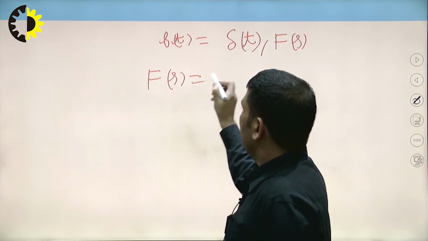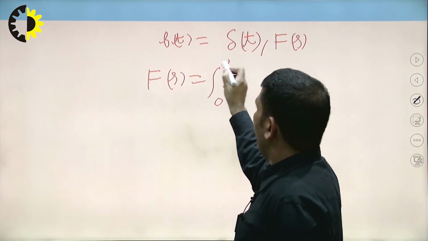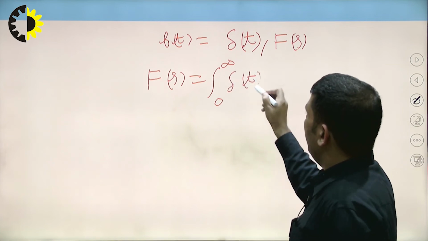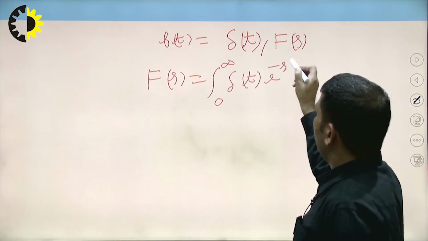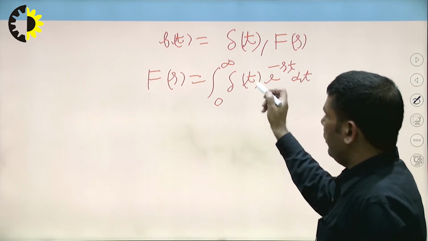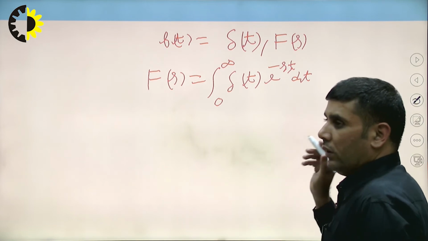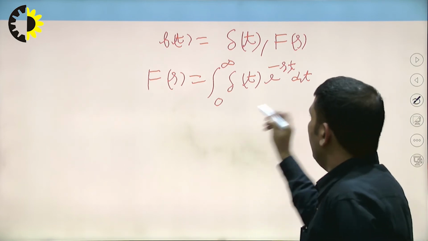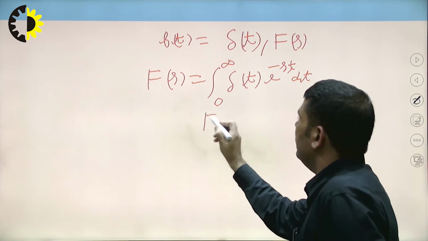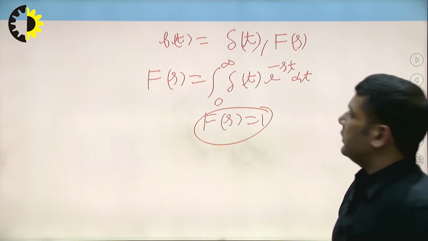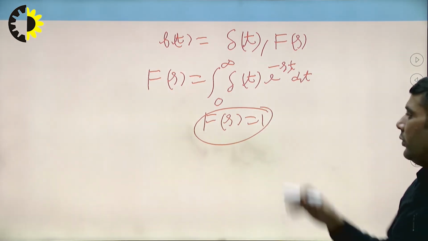F(s) is the integral from 0 to infinity, where the function is del t e raised to power minus st, dt. If you solve it out, you know del t value is 1 for t equal to 0 and 0 otherwise. So F(s) will come out to be 1. We will discuss some more examples in the next video lectures.